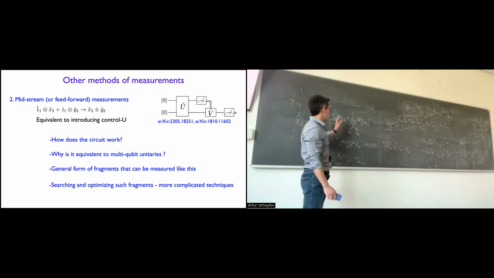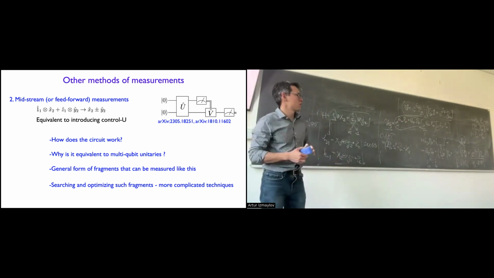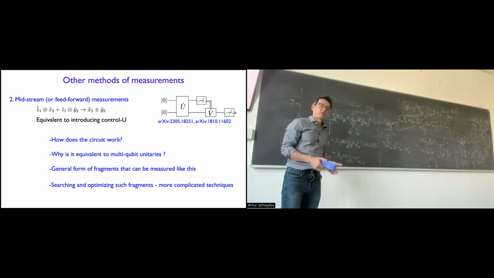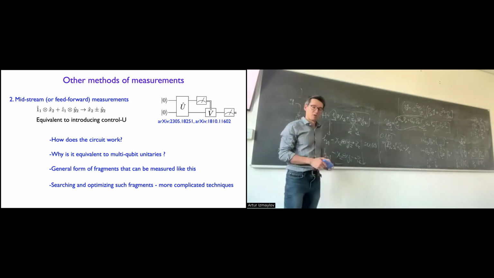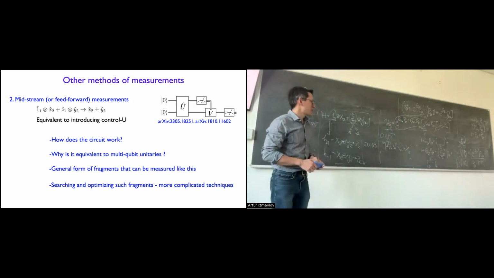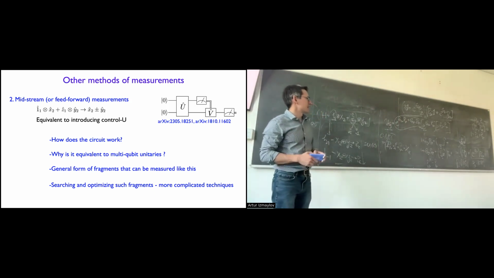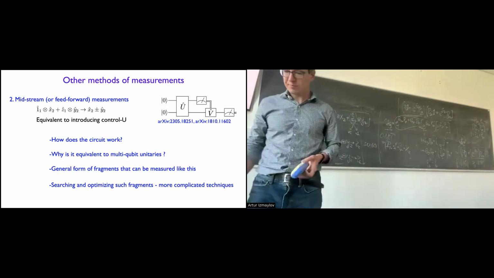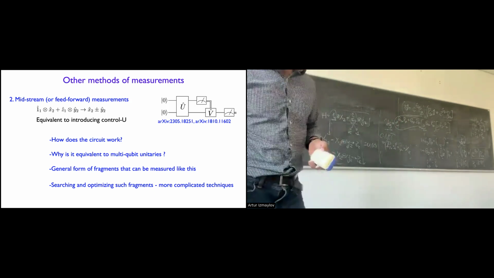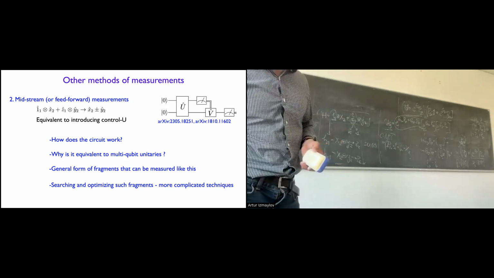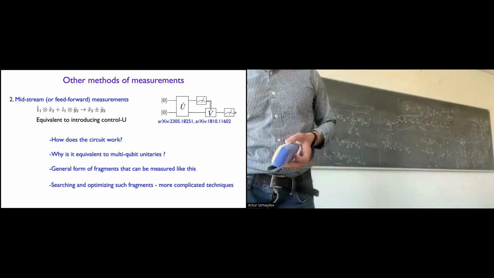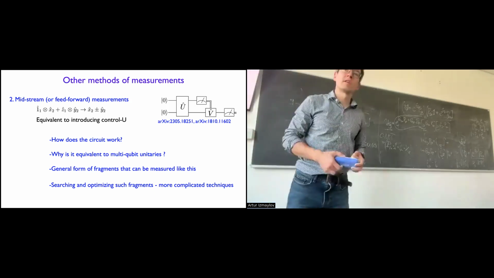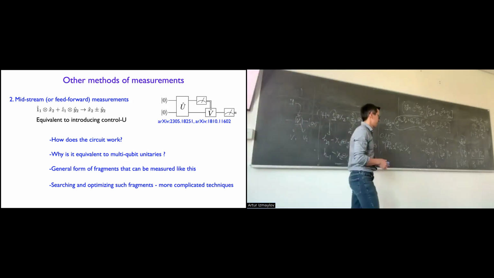Turns out these projectors could be constructed in both situations, but search for fragments and optimization of the variances in these cases is relatively complicated. So yeah, those complications are one needs to be aware of. So let's probably make a break, and after the break, we'll get to the next topic, POVMs. Okay.